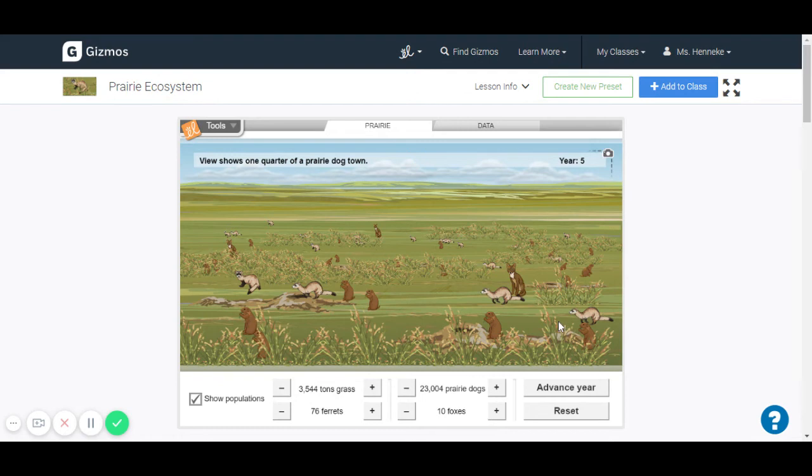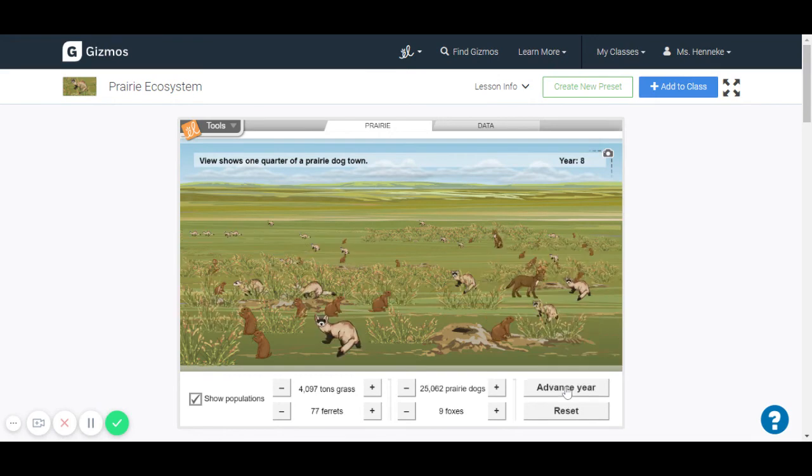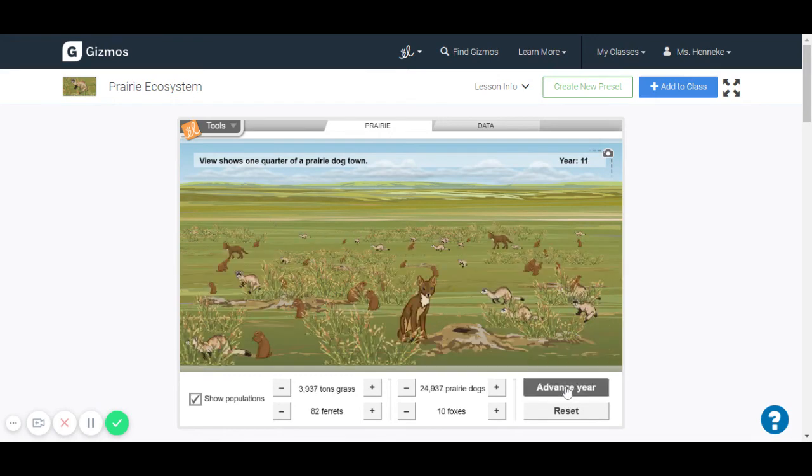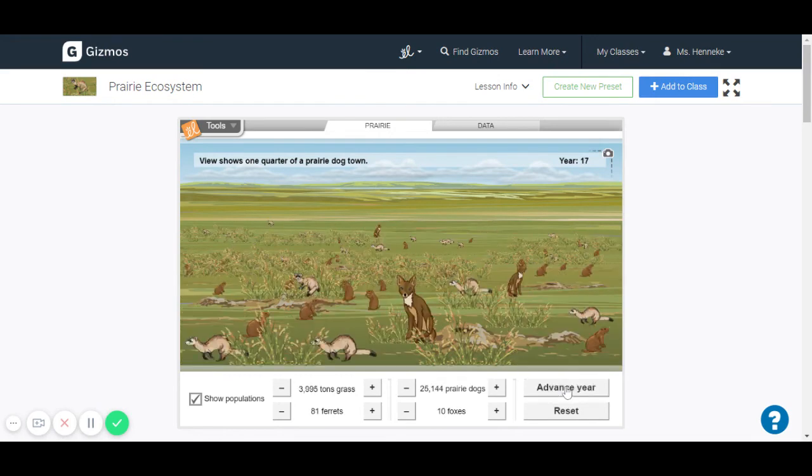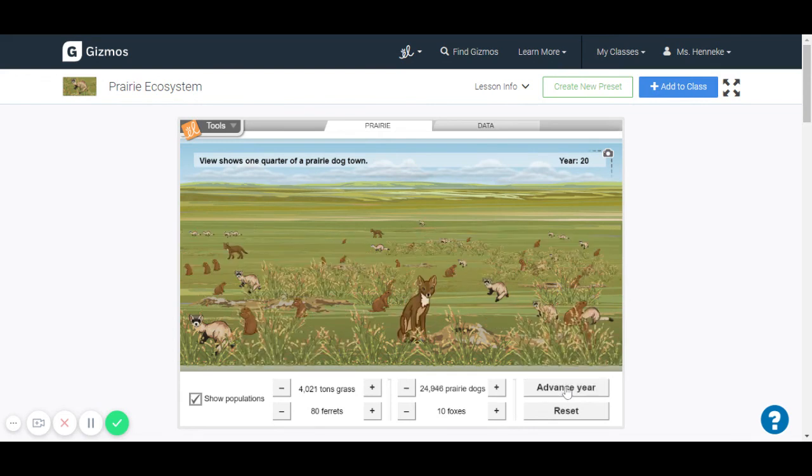What do you notice? Exactly. I'm back to my 10 foxes. I've lost some prairie dogs and ferrets. But it's not a horrible dip, is it? Let's keep going to 20 years and see what happens. Here we are at year 20.